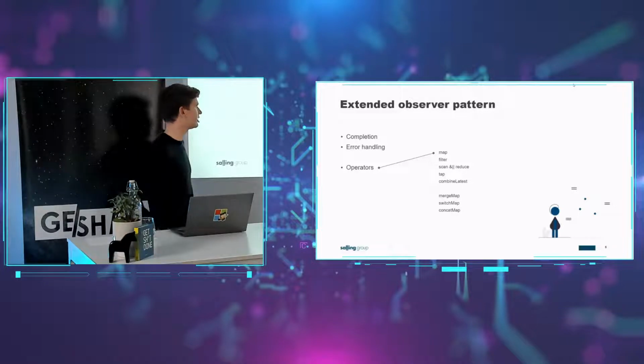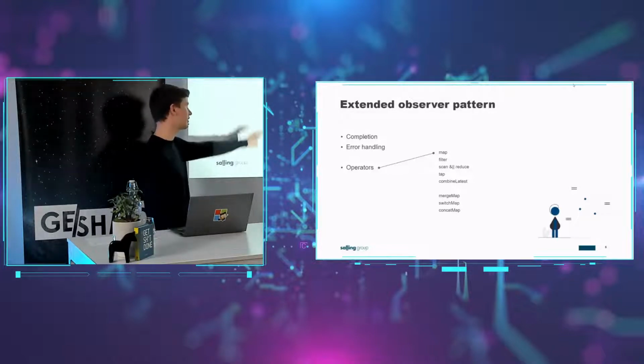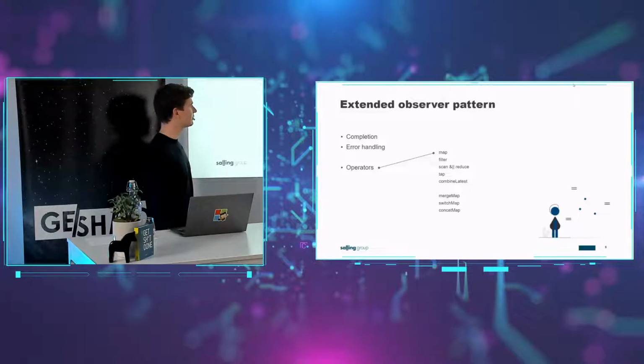Because it is so similar to lists, we can do some of the same transformations on observables as we can on lists. Therefore, we have operators like map, filter, and scan. And these are really good when you start out with RxJS, because many of the others can be kind of hard to understand in the start. So that's why I highlight them here. If you're starting out, these are really good to play around with and get an understanding of how it works before diving into the rest.